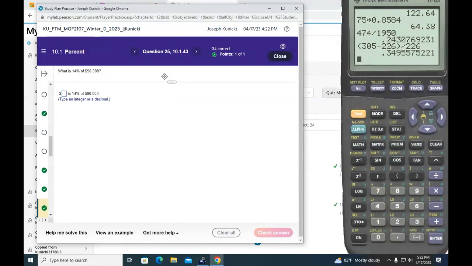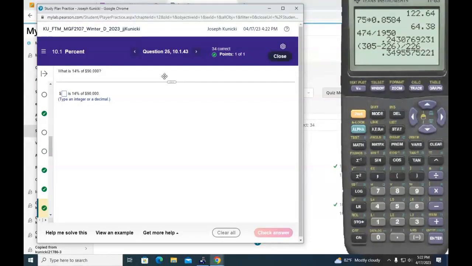So that just says X is 14% of 90,000. See, the algebraic equation is the sentence. When you read it, what is, right? What is, I don't know, is equals, and it's 14% of 90,000.